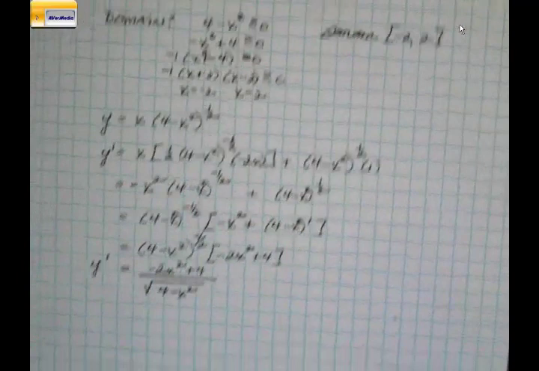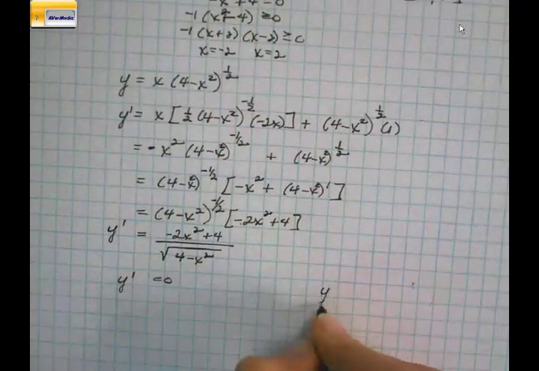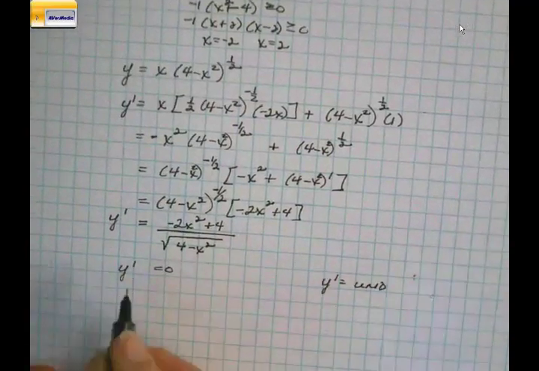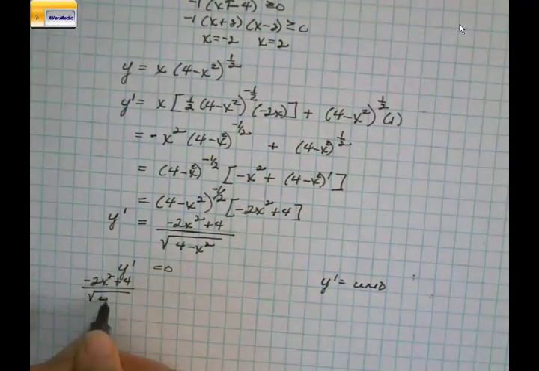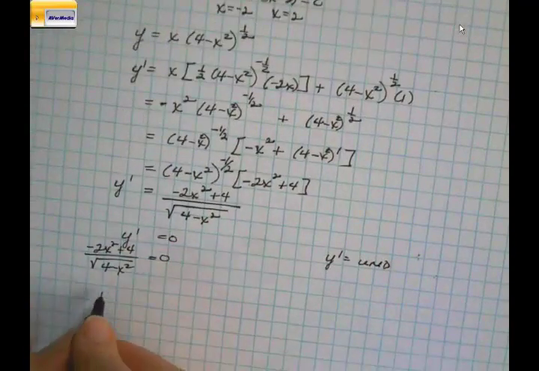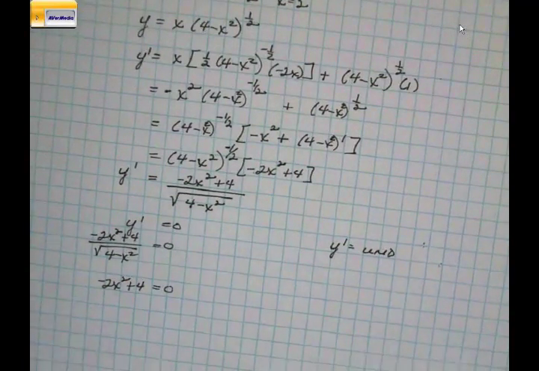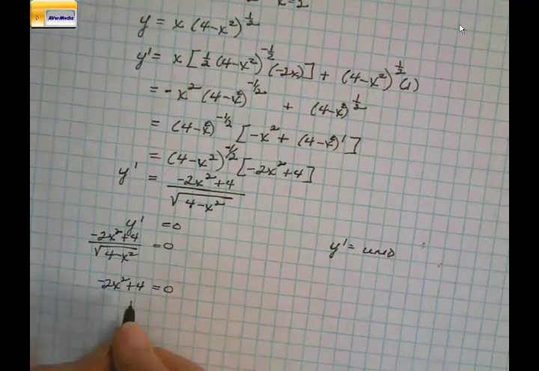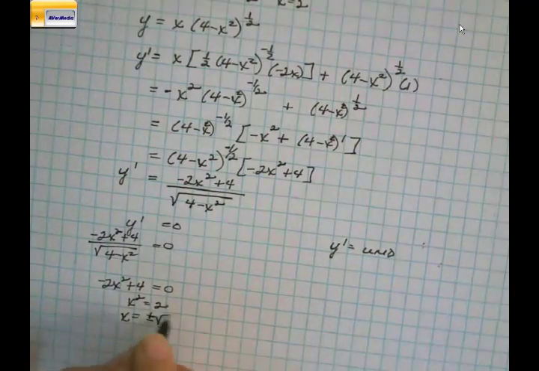Now to find your critical values, you're going to figure out where this first derivative equals 0 or where it is undefined. It equals 0 when negative 2x squared plus 4 over the square root of 4 minus x squared equals 0. For a fraction to equal 0, the numerator must equal 0. So negative 2x squared plus 4 equals 0, negative 2x squared equals negative 4, x squared equals 2, or x equals plus or minus the square root of 2.